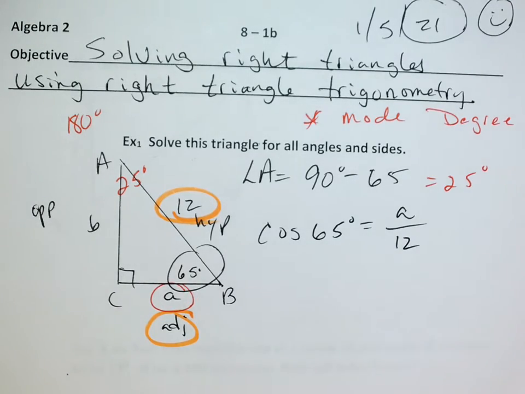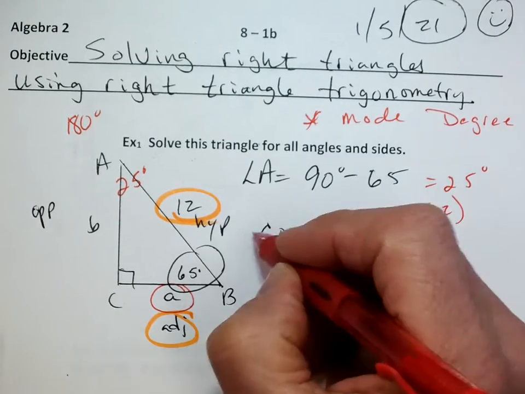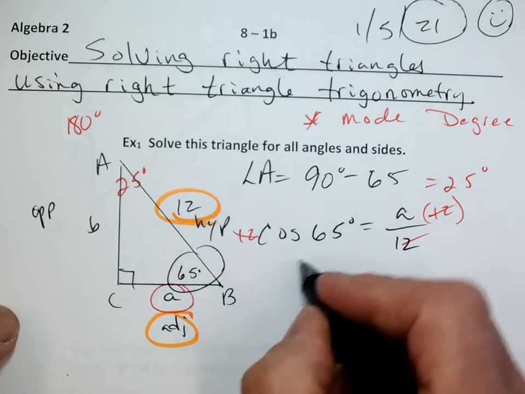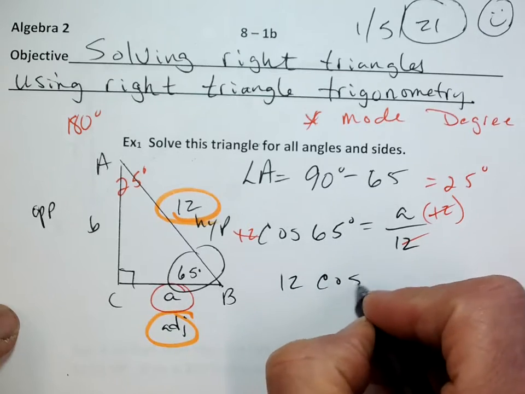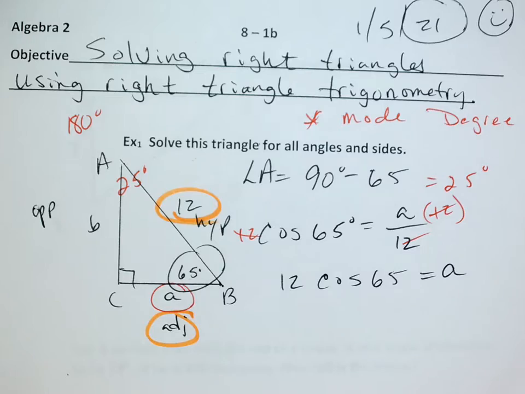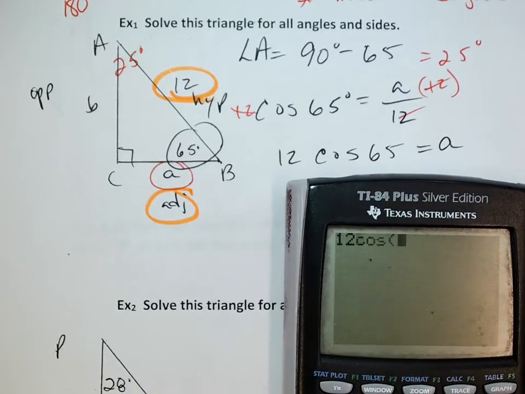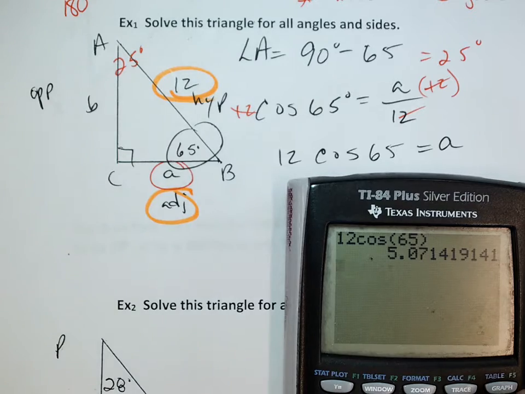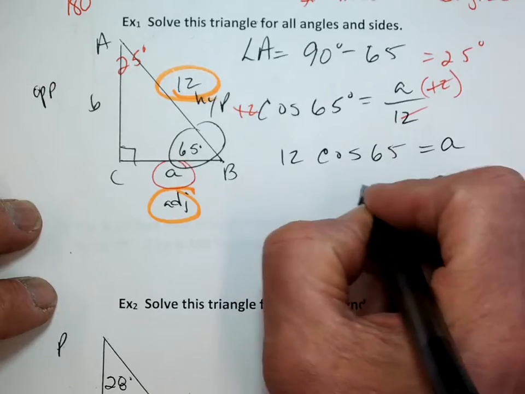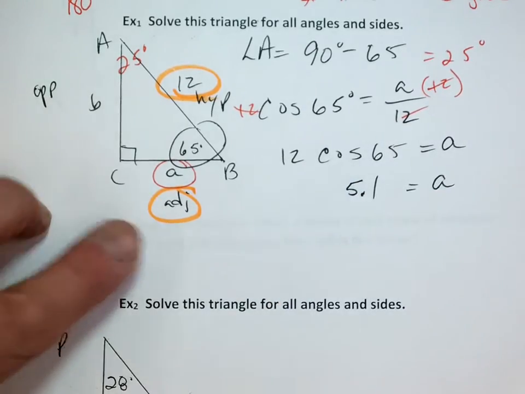Multiply both sides by 12, and we get 12 times the cosine of 65 equals side a. Use your calculator, hopefully in the right mode. The answer is about 5.07, and rounding to the nearest tenth, little a is about 5.1.